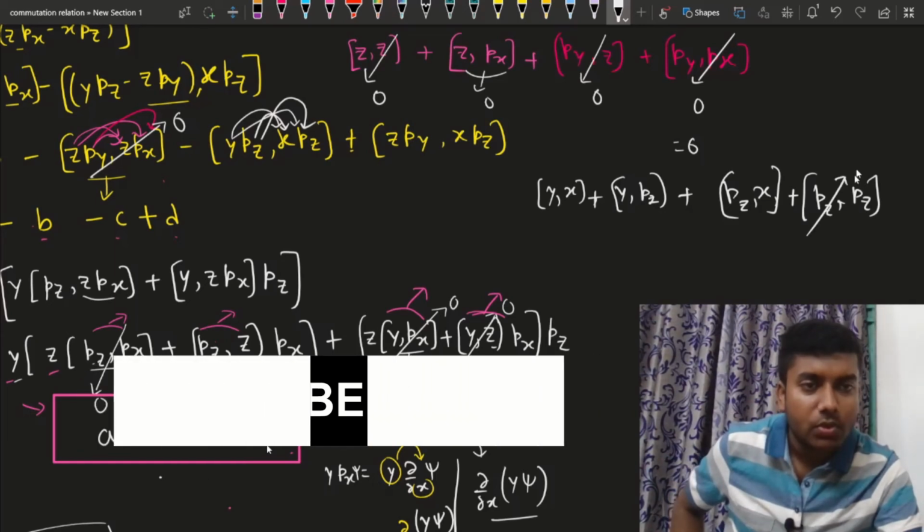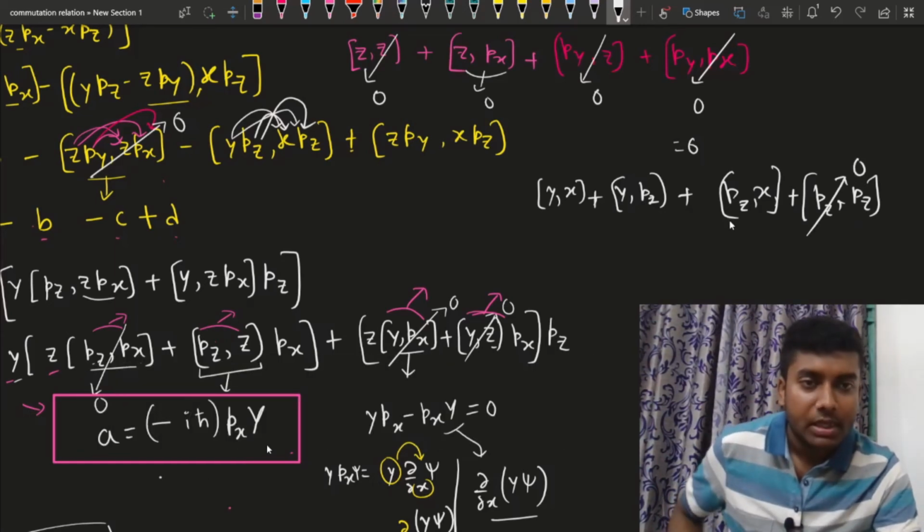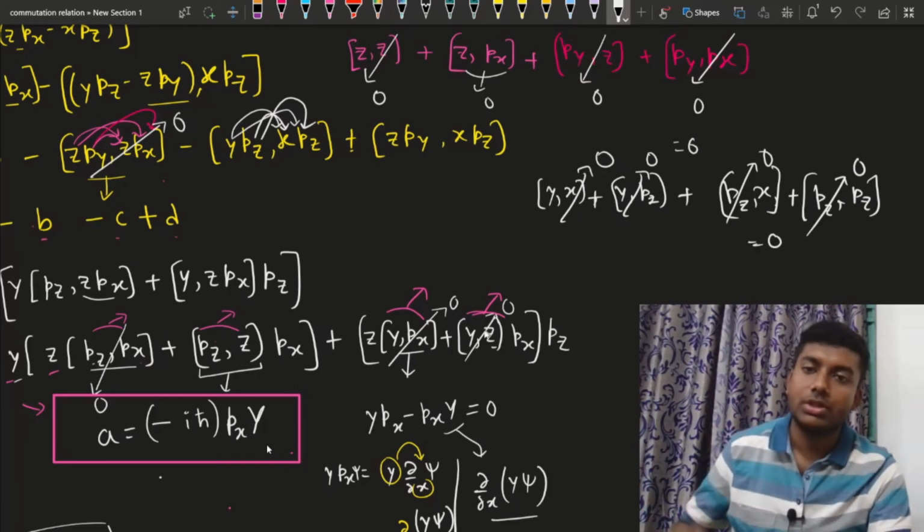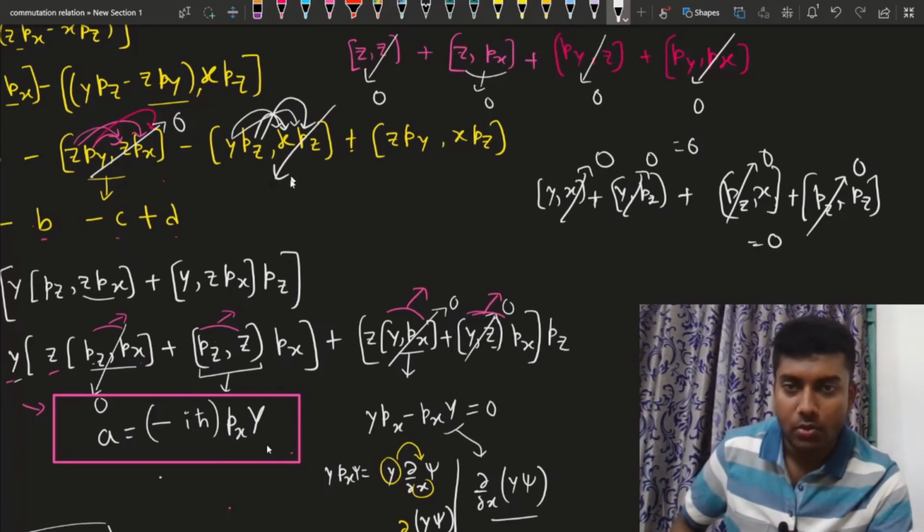So this will be 0 because these two are same. This will also be 0, this will also be 0, this is also 0. So the total is 0 again.